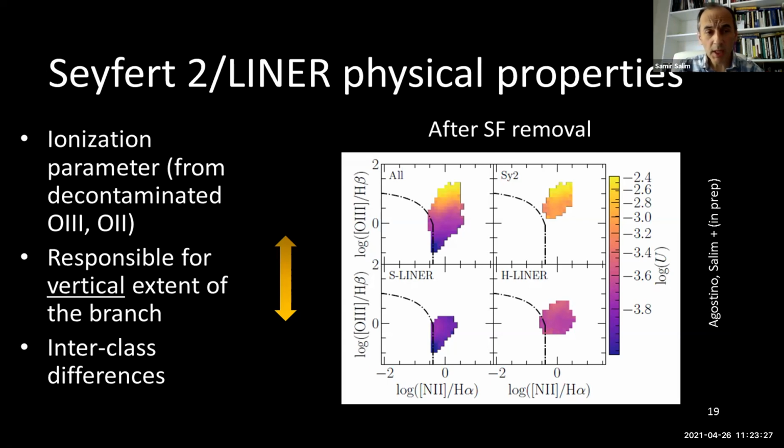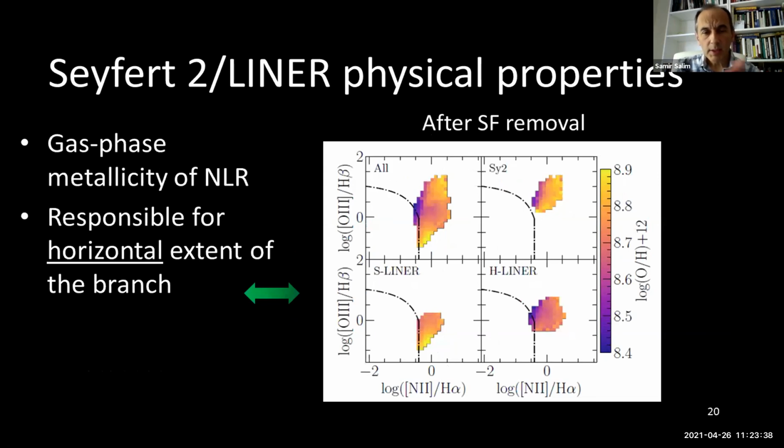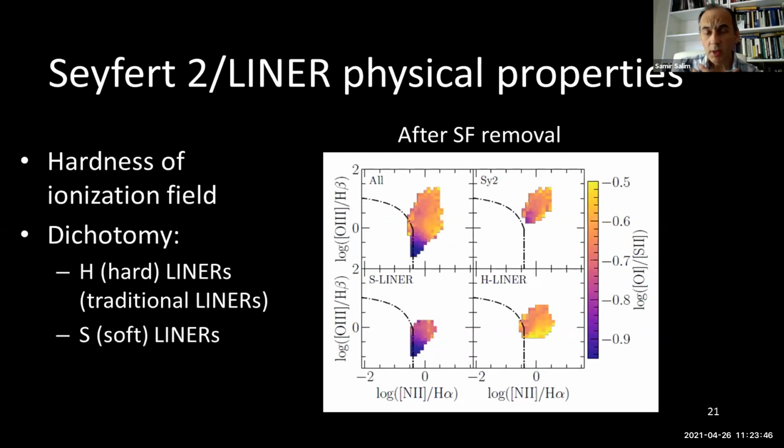In this one, we have the ionization parameter, and you can see there is a trend, especially in the vertical direction. This other one shows the metallicity, and there also seems to be a trend, but now mostly in the horizontal direction. That agrees to a large extent with what the models were predicting if there was an intrinsic diversity, which we now show that there is.